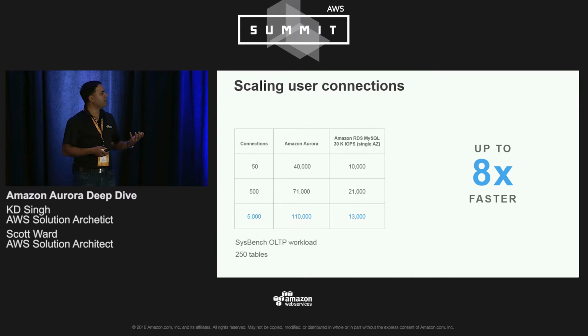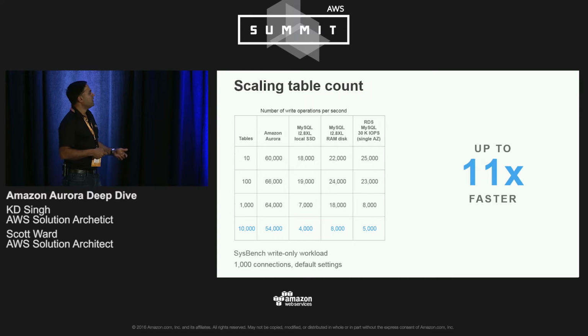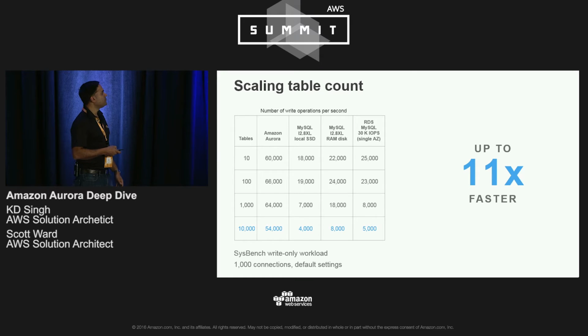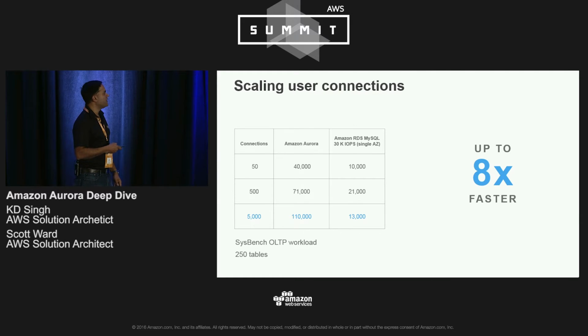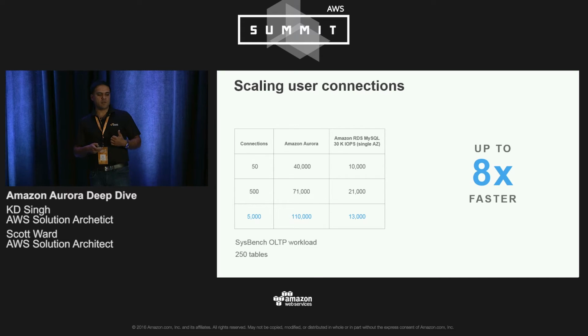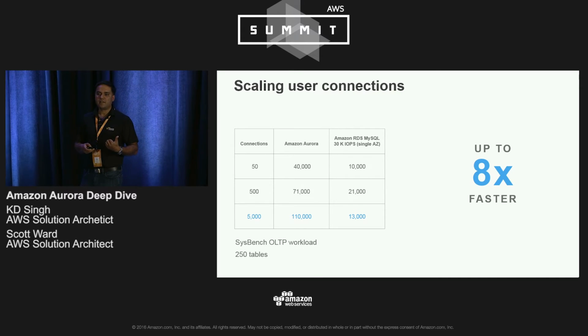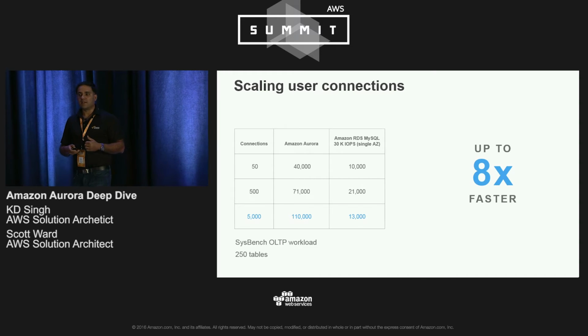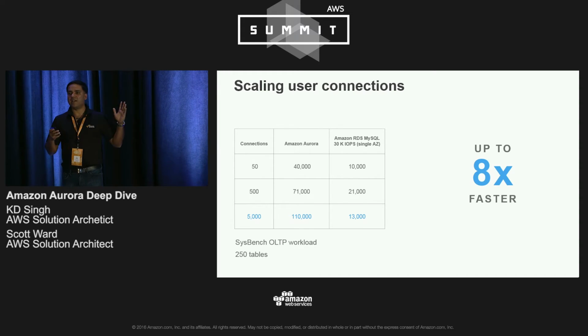If you look at MySQL, the second column here, its performance actually degraded, and Aurora was able to perform 8 times better than MySQL in this case. And just for your reference, the MySQL that we compared it against is not a small instance.